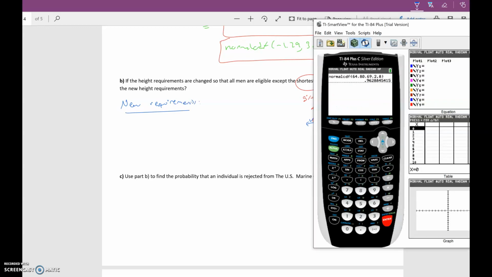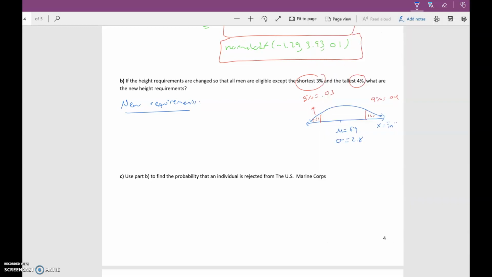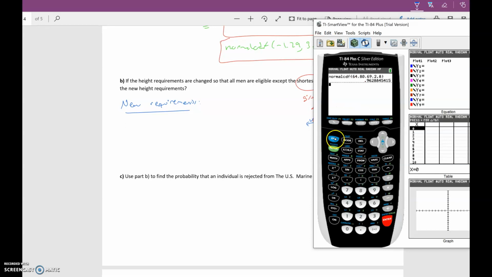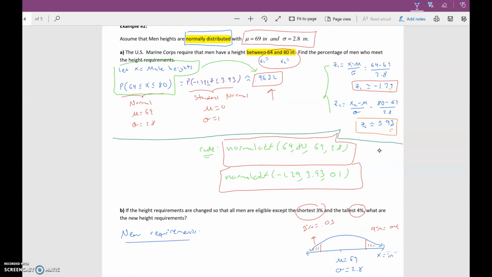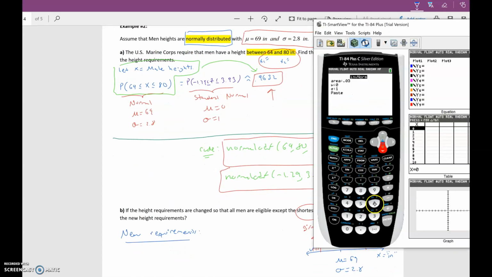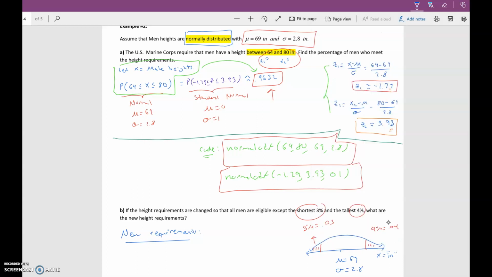Now, to find the one at the 3%, you're simply going to do, in this case, inverse norm. We want 0.03, but you have a specific mu and sigma. So mu would be 69, and then sigma is already given as 2.8. So the actual new requirement would be 63.73.